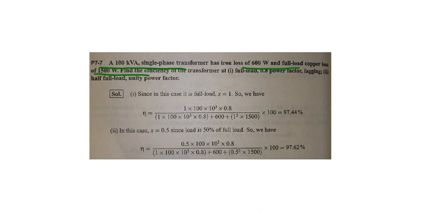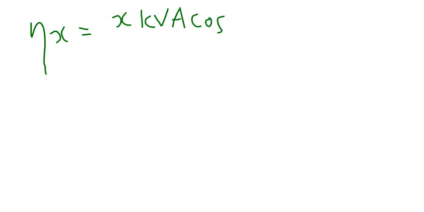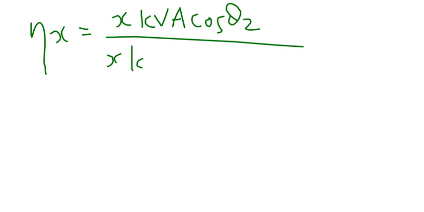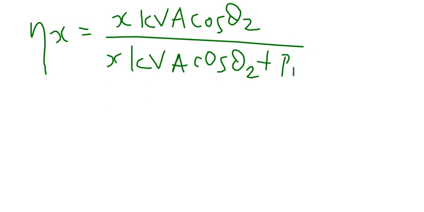This is a very simple example. Now one thing you should observe here is that the transformer efficiency at any given load is equal to x kVA cos theta 2 divided by x kVA cos theta 2 plus iron loss, which is fixed, plus x square into PCU full load.